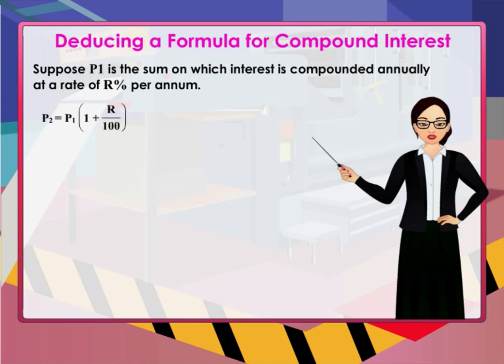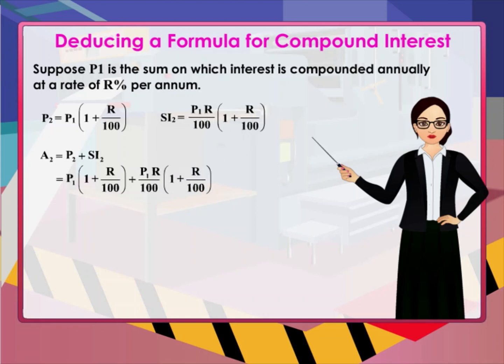Now calculate the amount at the end of the second year. A2 is equal to P2 plus SI2. Substitute the value of P2 here, so it becomes P1 into 1 plus R by 100 plus P1 R by 100 into 1 plus R by 100.